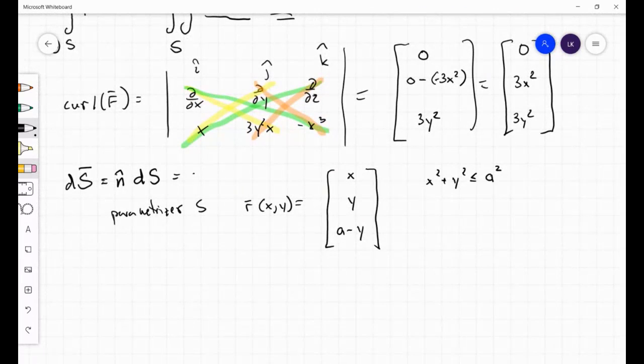So if we have this parametrization, as long as we make sure that the orientation of the normal is right, this is the derivative of r with respect to x, crossed with the derivative of r with respect to y, let's say dy dx.